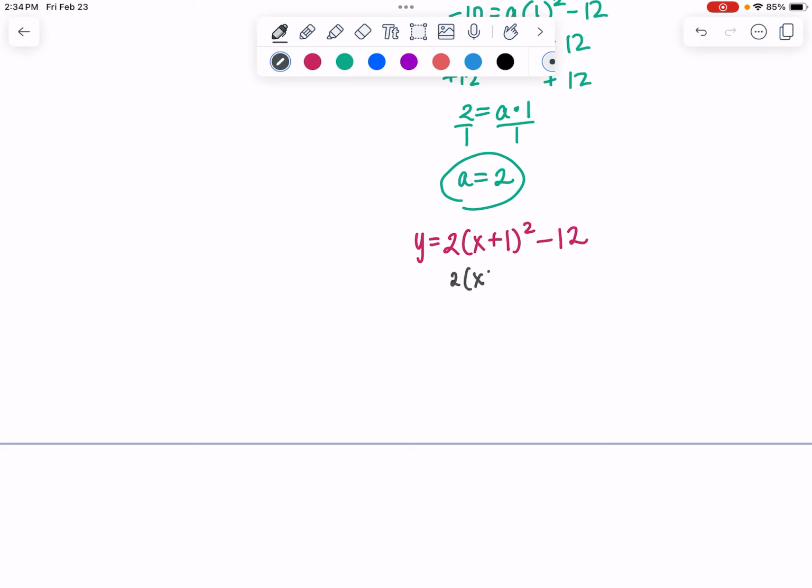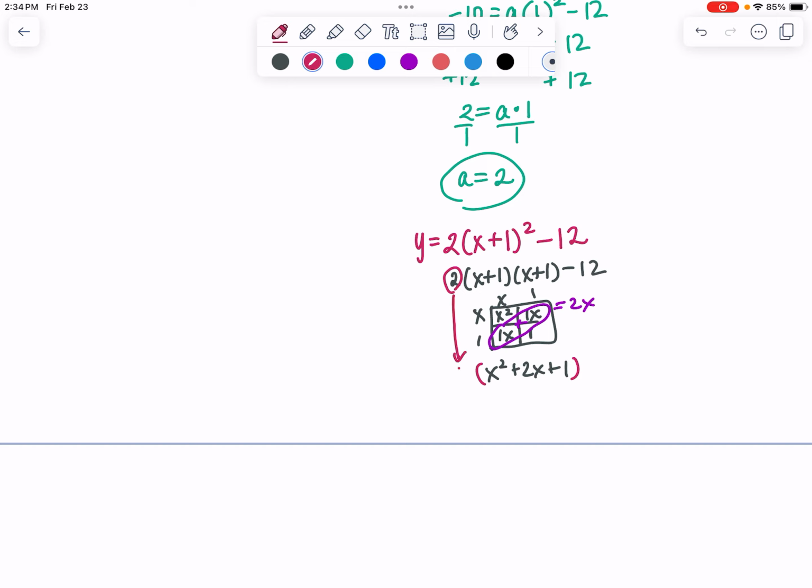I like to rewrite it as x plus 1, x plus 1. We need to make a box for the x plus 1 times x plus 1. Our like terms add to 2x. So we get x squared plus 2x plus 1. Put it back in parentheses and bring down your 2 and your minus 12.